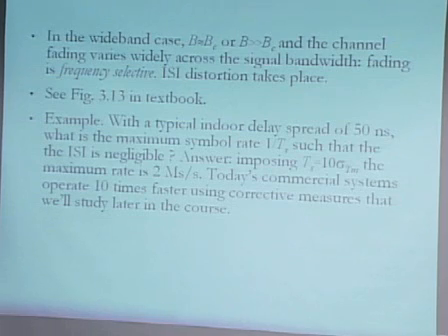Okay, so that means that for ISI to be negligible, we want the channel to be narrowband. So we want the smallest symbol time T sub s such that the channel is going to be narrowband. So how short can we make the pulses so the channel is still pretty much narrowband?